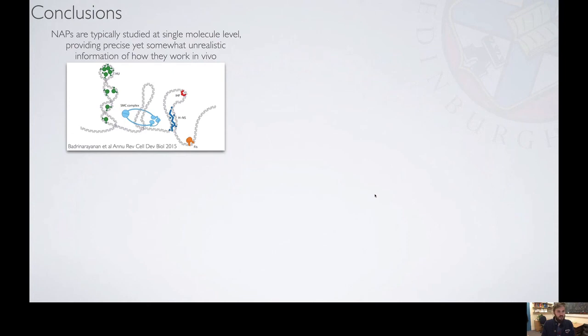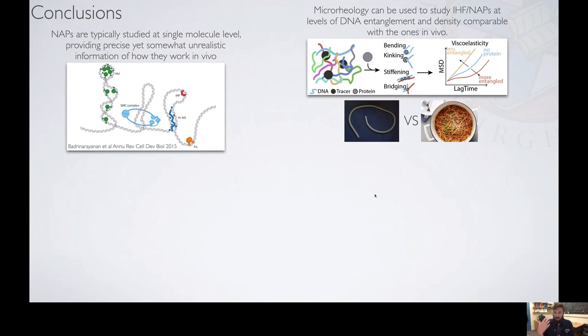Just to conclude, I showed you that NAPs are proteins that modulate the entanglements of DNA. I showed you that microrheology can be used to understand how they work in entangled and crowded conditions, whereas most of the studies to date rely on single molecule experiments, so it's a different way of studying these proteins.